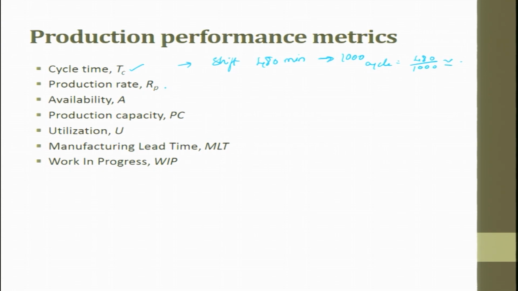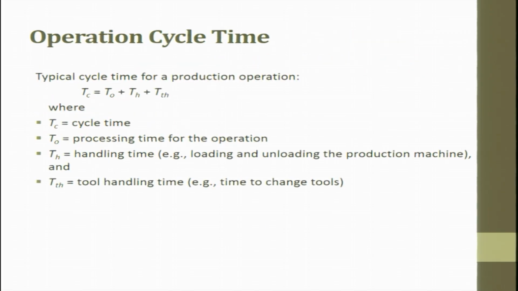The production rate is Rp, the availability is A, production capacity is Pc, utilization is U, manufacturing lead time is MLT, work in progress is WIP. I have talked about this earlier. When we talk about the cycle time for a production operation, Tc is nothing but To plus Th plus Tth.